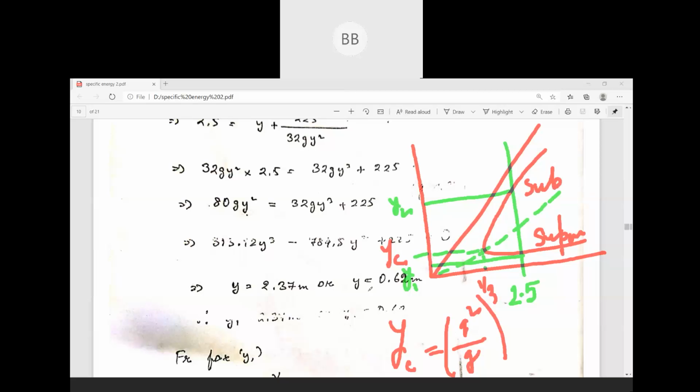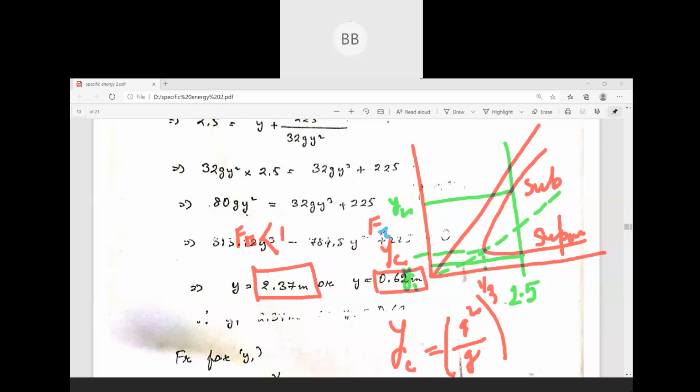So once you find out these two depths, you can find out the Froude number. From here we can say this is subcritical and this is supercritical. For subcritical, when your depth of flow is more, your Froude number will be less. When your depth of flow is less, your Froude number will be more.